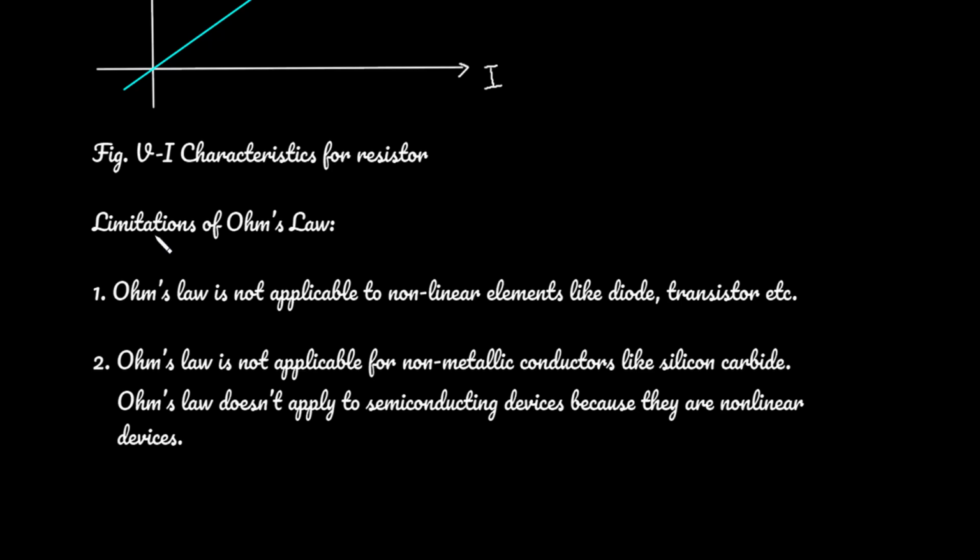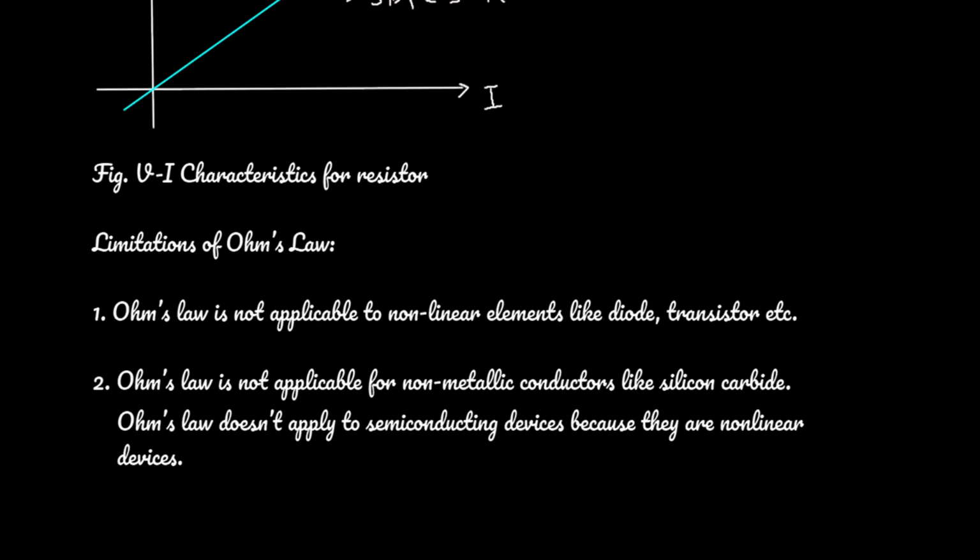Now what are the limitations of Ohm's law? Number one, Ohm's law is not applicable to non-linear elements like diode, transistor, etc. A diode is a non-linear element. A transistor is also a non-linear element.